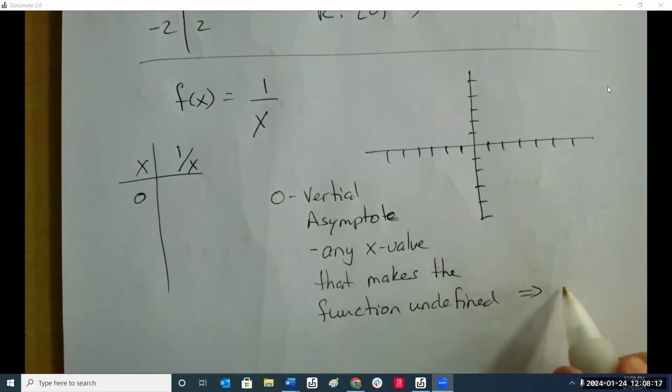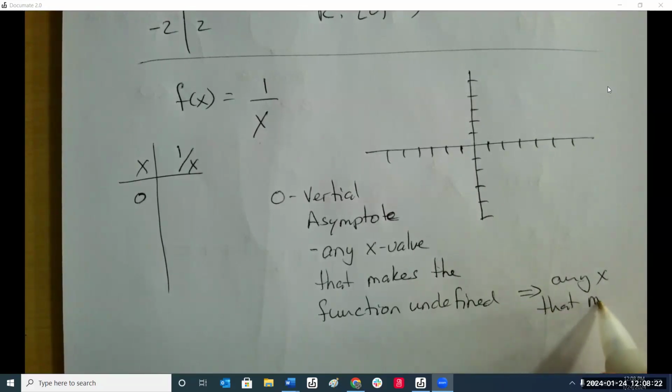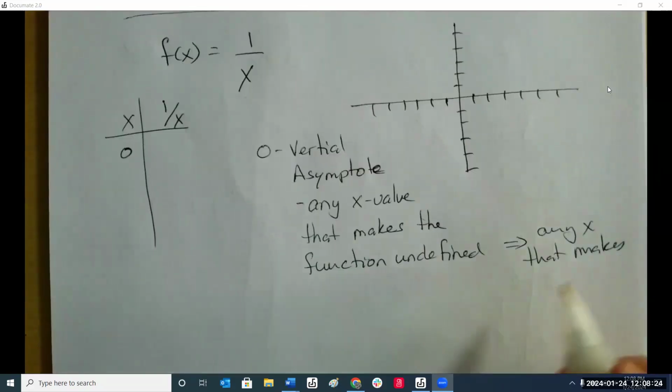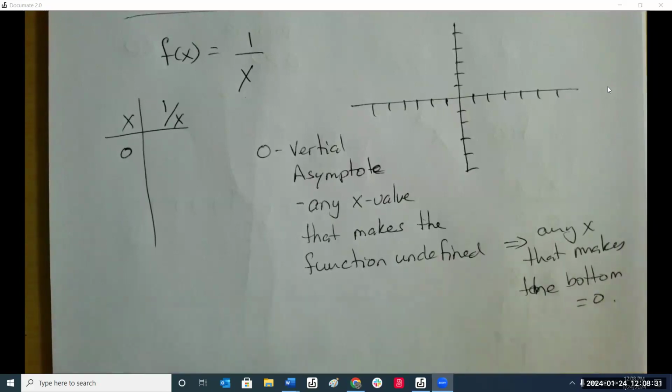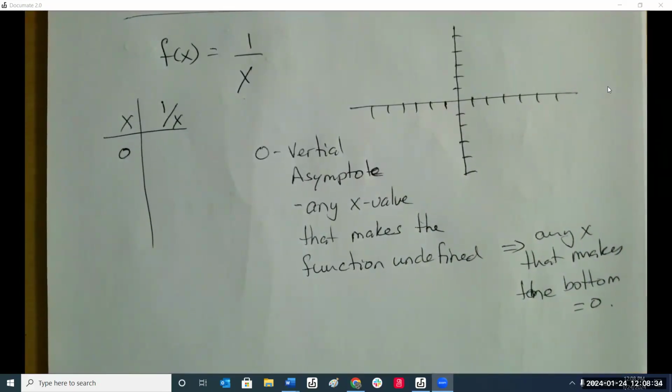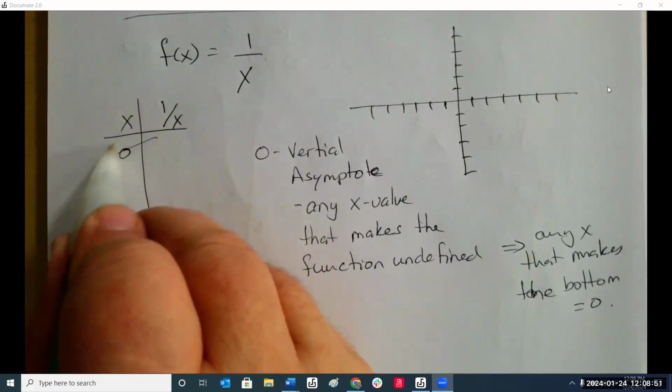Basically, what that means is any x that makes the bottom equal to 0. That's an asymptote. So when you factor it out and everything, you solve the bottom, any x value that makes the bottom 0 is an asymptote. So we can't use that.